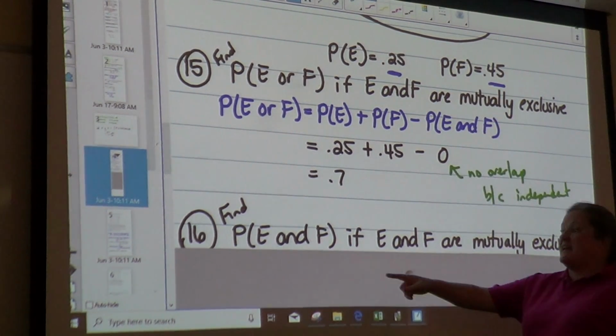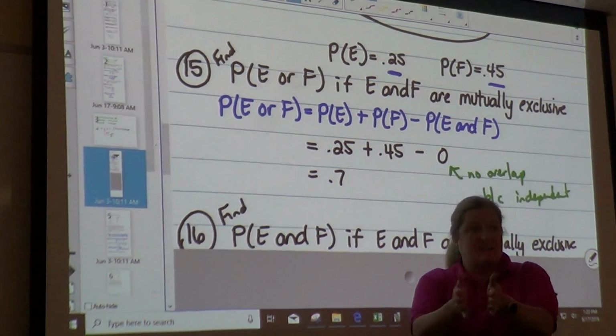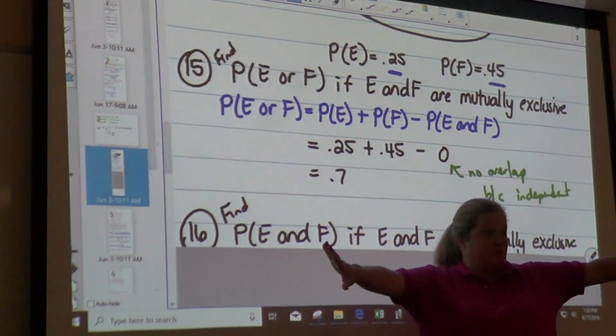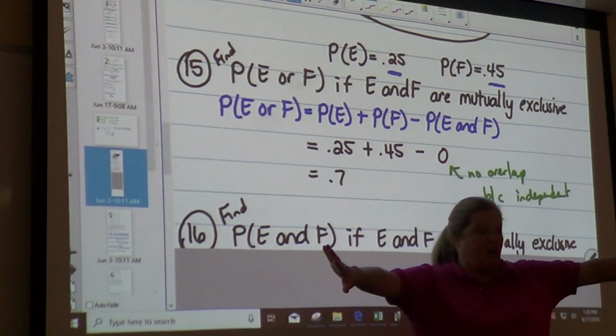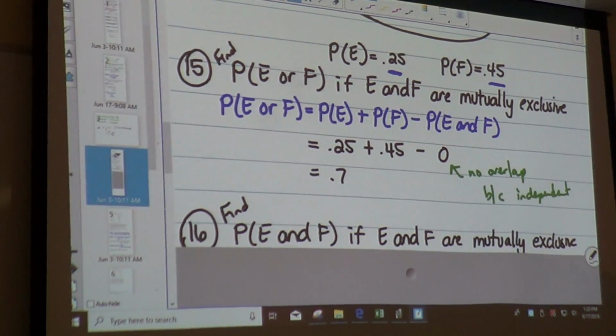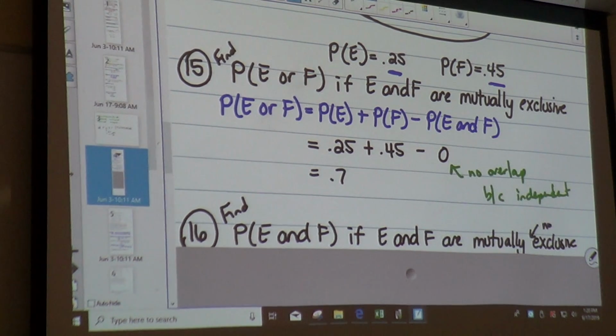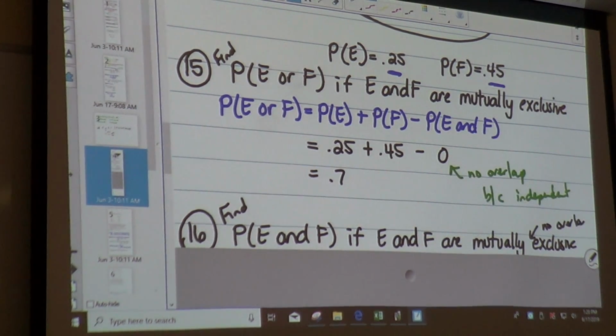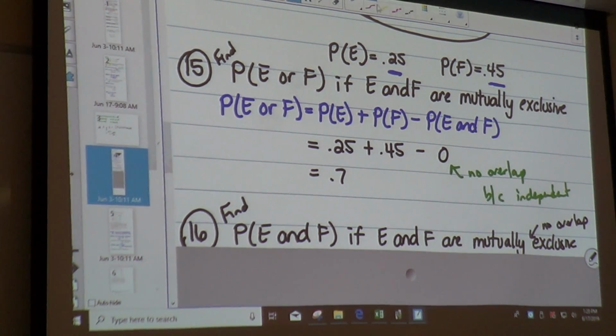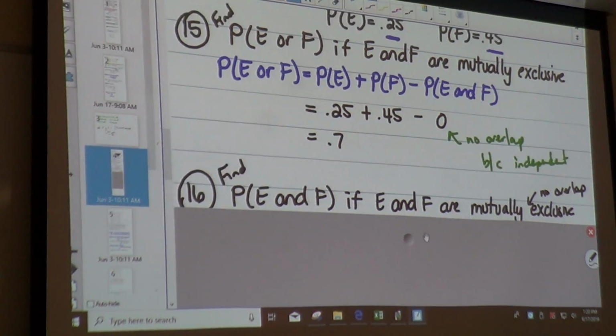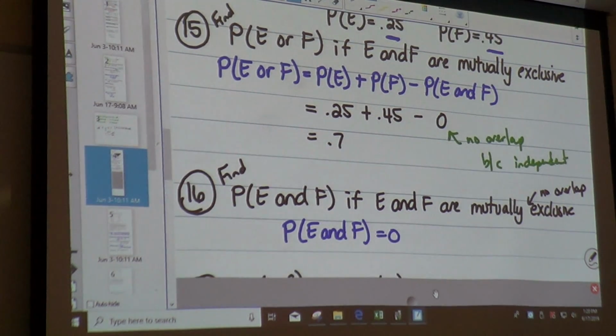I can't make Ella and Frank like something if they have nothing in common. So mutually exclusive is telling me that there's no overlap. And means I'm looking for the overlap. So I can't find an overlap if I'm saying that they don't have an overlap.